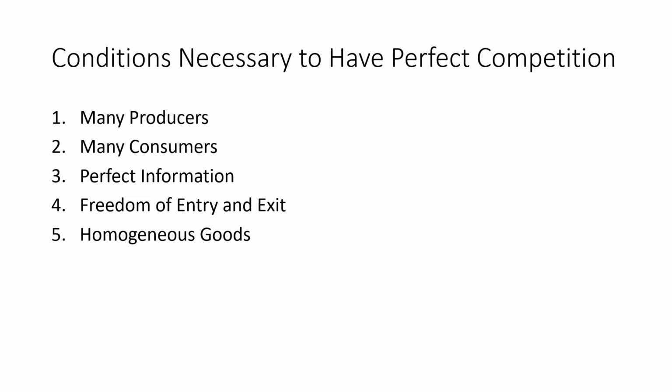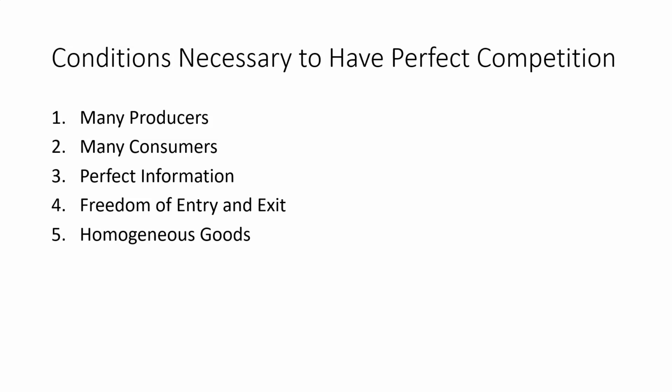Well, you buy the one that's cheapest. All of these characteristics together make sure that under perfect competition, we produce the most output at the lowest price. That's what makes perfect competition the preferred market structure, because it produces the most output at the lowest price.